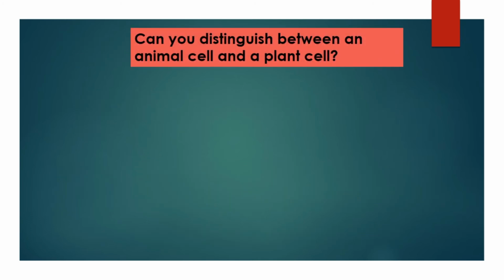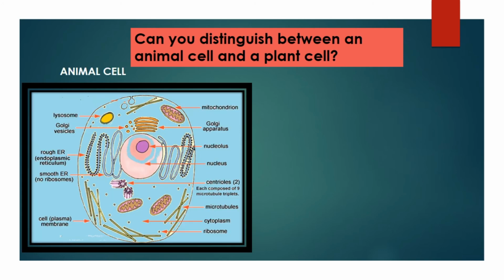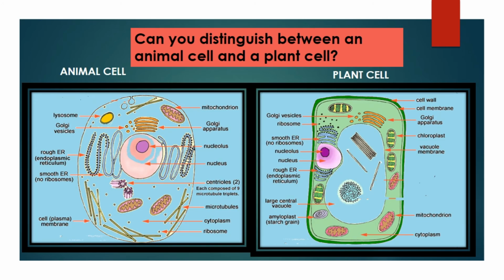You learned about the components of a cell. Can you distinguish between an animal cell and a plant cell? Observe the diagrams and compare the two cells.